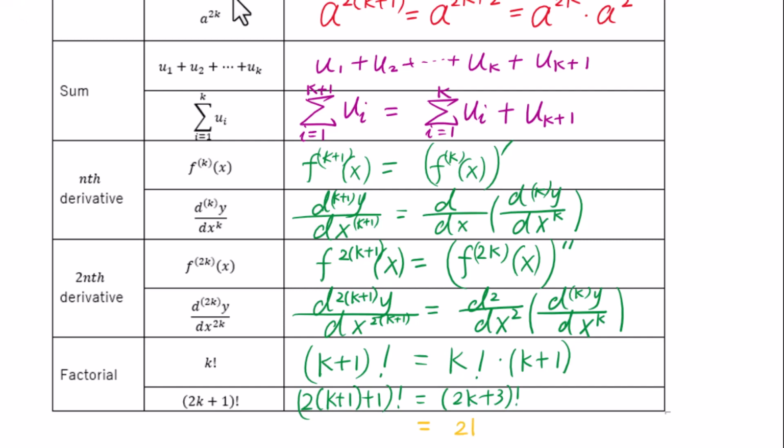That equals 2k plus 1 factorial times 2k plus 2 times 2k plus 3. In this way, we connect the kth term and the k plus 1th term.